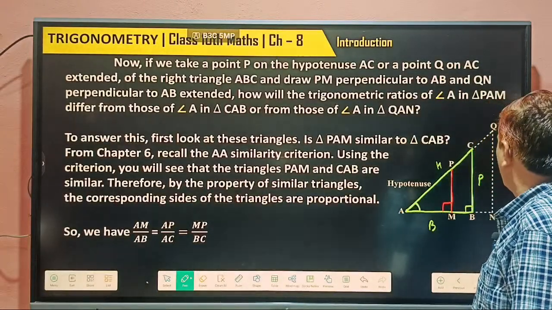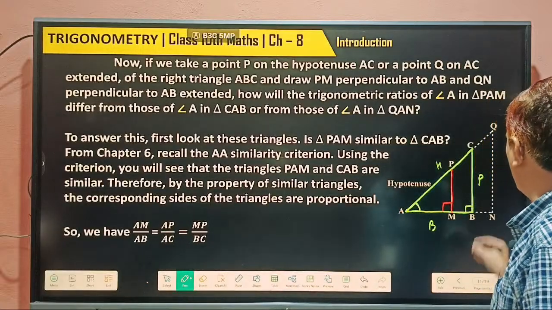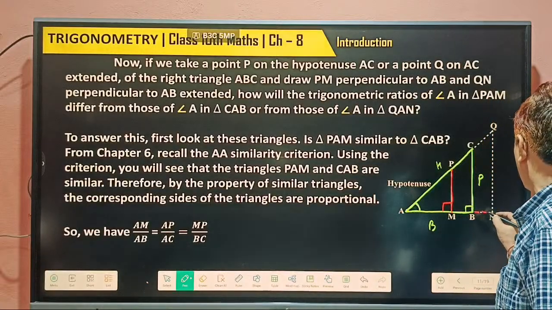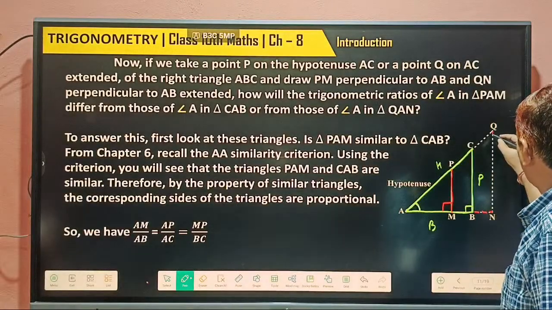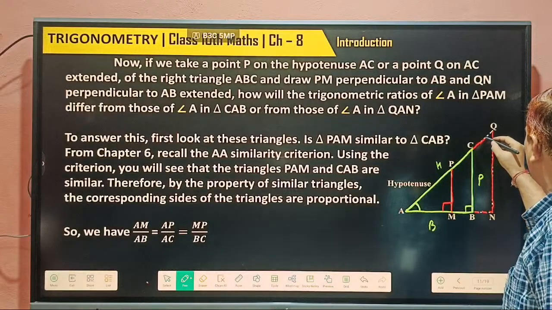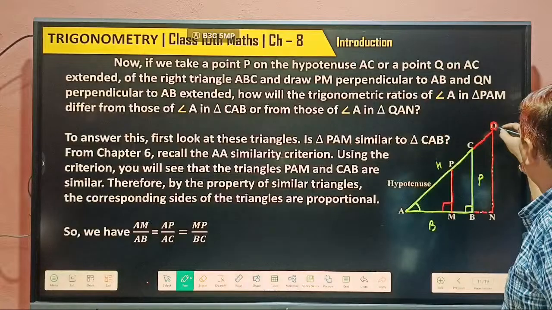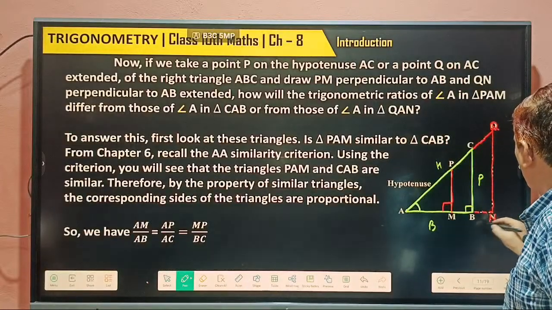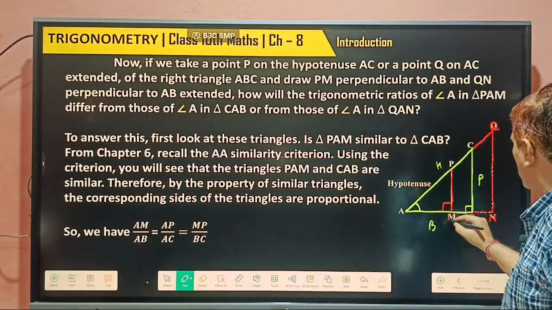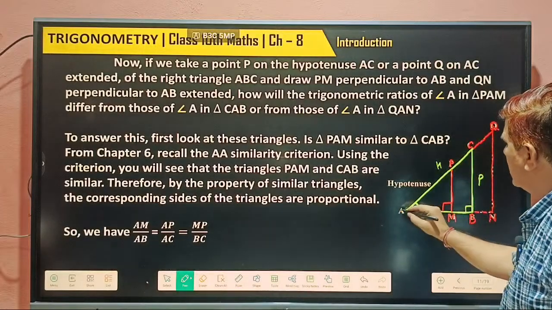And QN perpendicular to AB, extend this point till this point, and draw this QN perpendicular. And this also extend. The name of this point is Q, the name of this point is N, this is M, this is P, this is C, this is K.